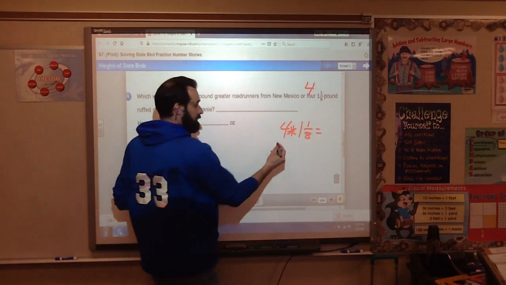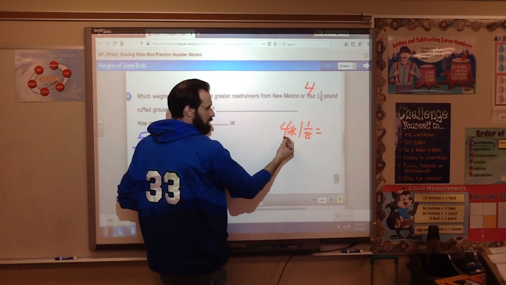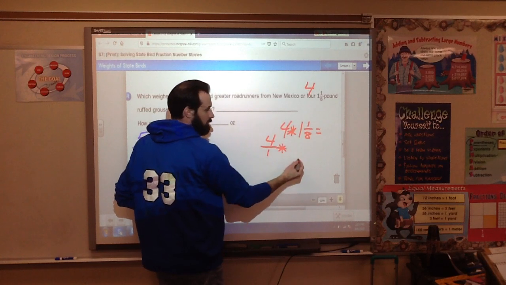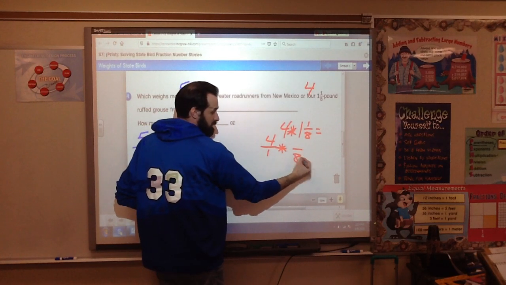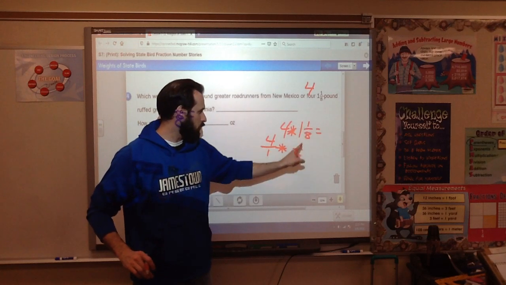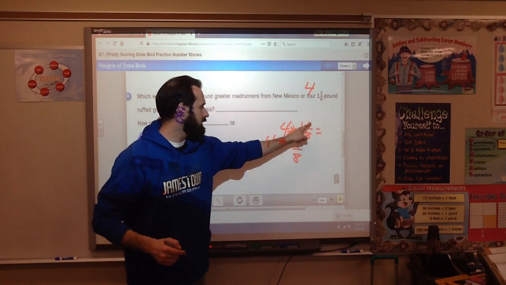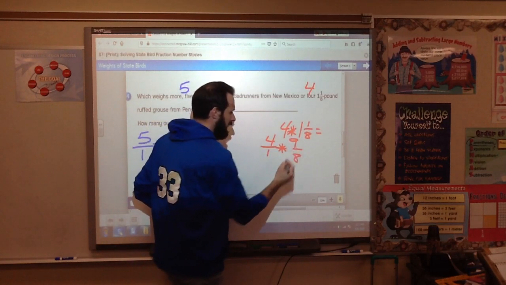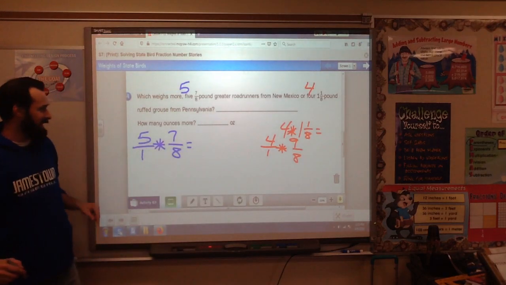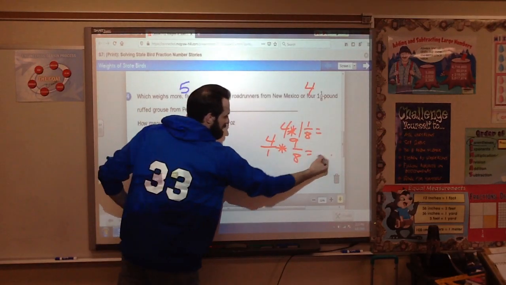So, if we want to make this into an improper fraction, it's going to be 4 over 1 times, we're going to have eighths for our denominators, I forgot to say that. 1 times 8 plus 1 gets you your numerator. 1 times 8 is 8, add 1 is 9. So over here it's 4 over 1 times 9/8. So go ahead and solve both of these and get your new fraction.